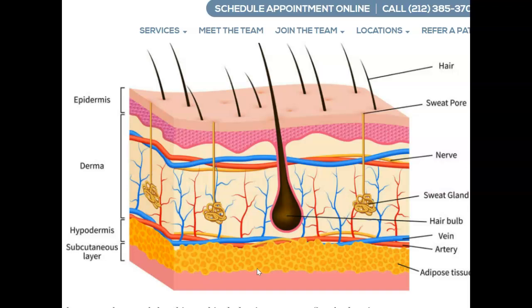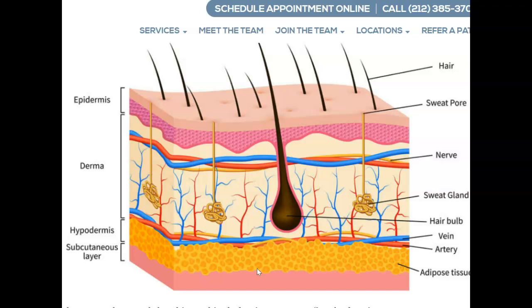The structures found in the dermis include our nerves, our blood vessels, and our muscle, but it also contains our sweat glands, our sebaceous glands, and our hair follicles. Sebaceous glands secrete the oily substance known as sebum, and almost all of the sebaceous glands are associated with hair follicles.